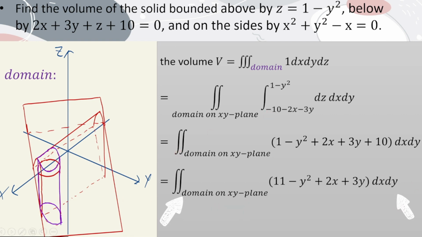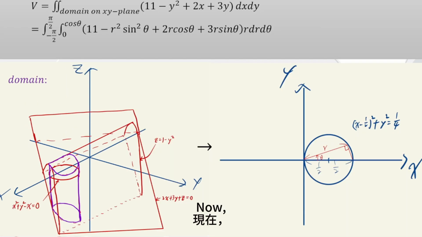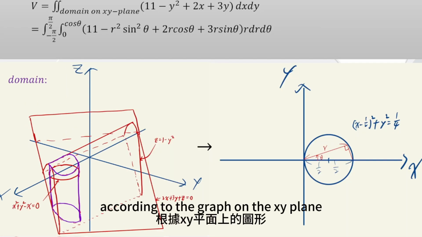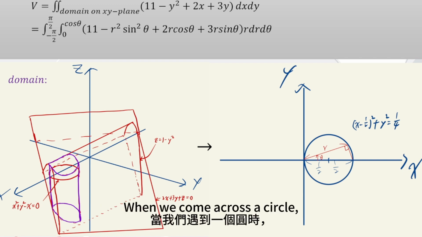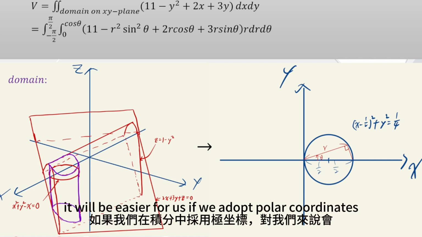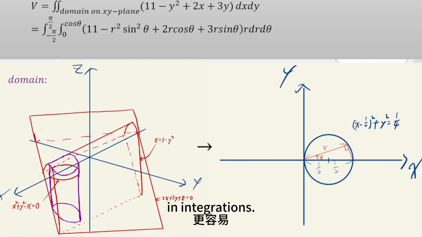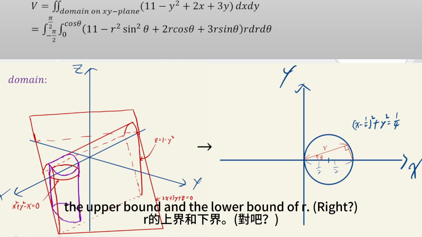just like this. Okay, now according to the graph on the xy plane, it's a circle, right? When we come across a circle, it will be easier for us if we adopt polar coordinates in the integrations. The key here is finding the upper bound and the lower bound of R, right?